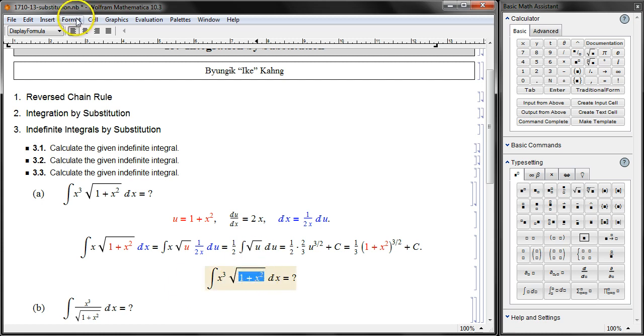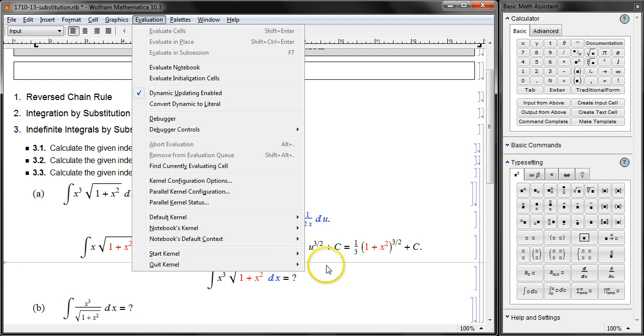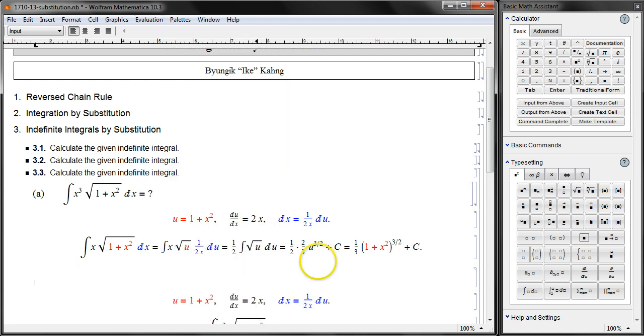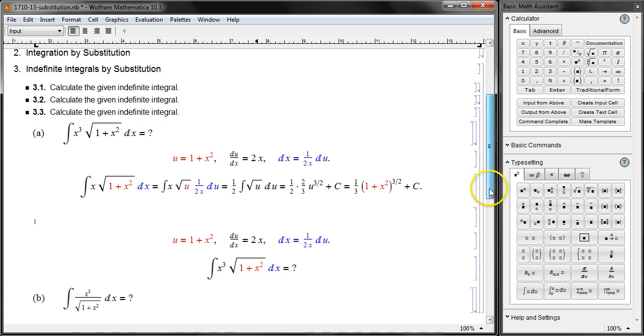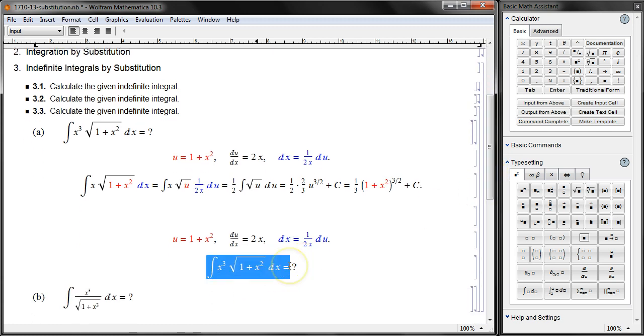It's quite obvious what to take as an inside function and what to work with for the differential part. It's the same thing all over again. Now, if you do this, you're going to get u here, and then the same 1 over 2x du here, and you're going to get appropriate simplification.